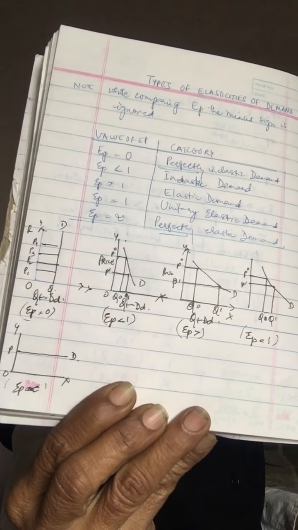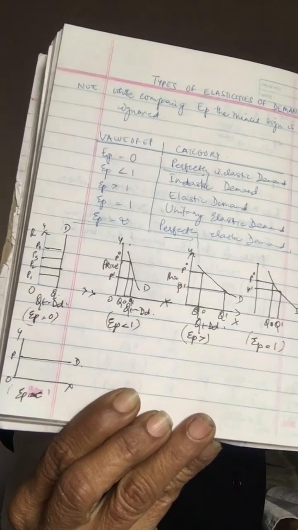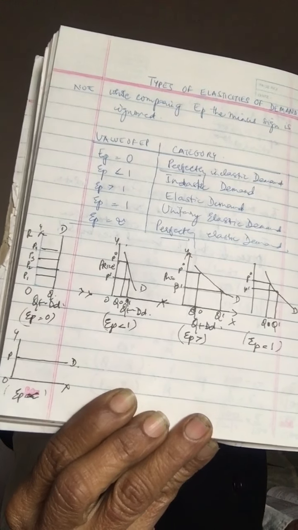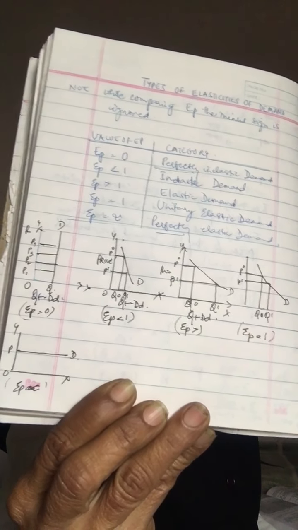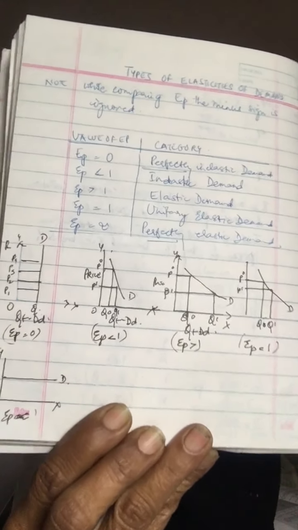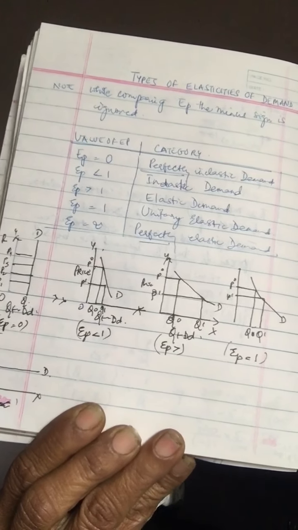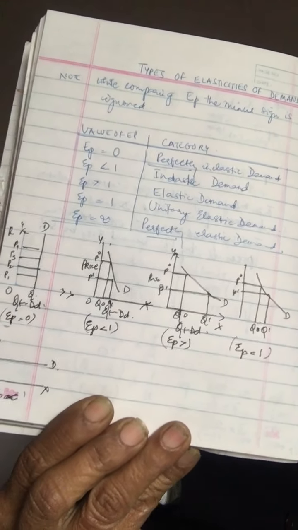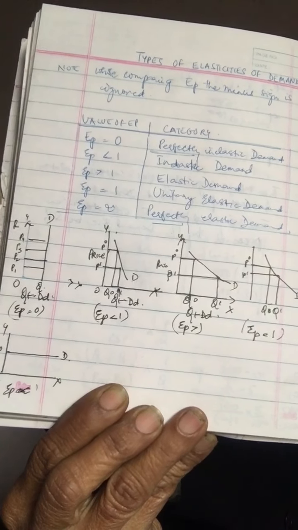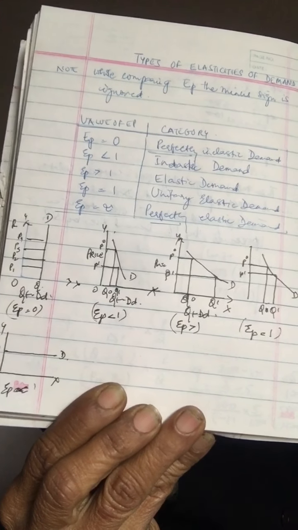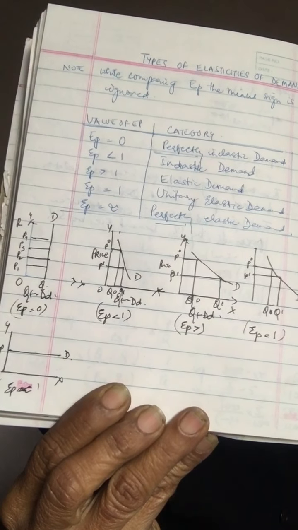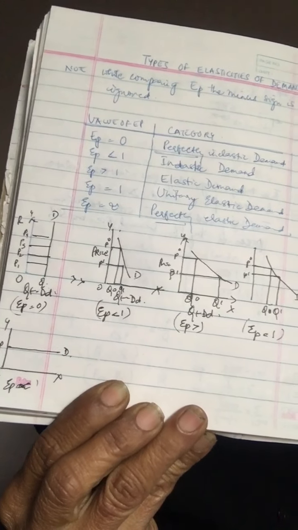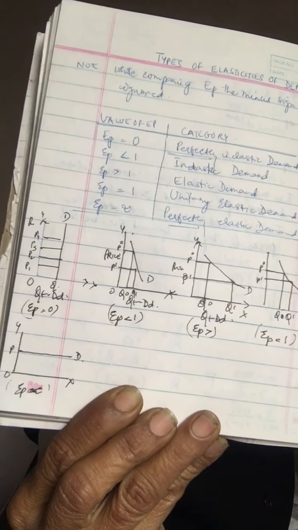A 10% change in price will bring about a 10% change in demand. So obviously the answer is 1, and it is known as unitary elastic demand. And you can see in the diagram that the distance between P and P dash, and the distance between Q0 and Q1, are more or less the same.